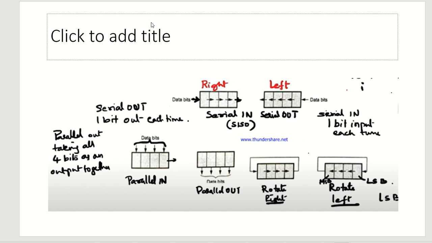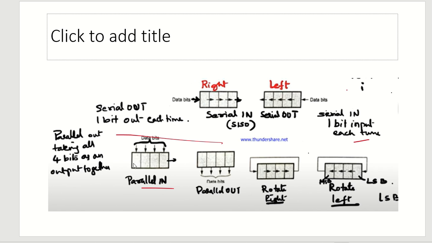First, we need to know what serial in, serial out, parallel in, and parallel out are. Serial in means we apply one bit of input at a time. Serial out means we take one bit of output at a time.